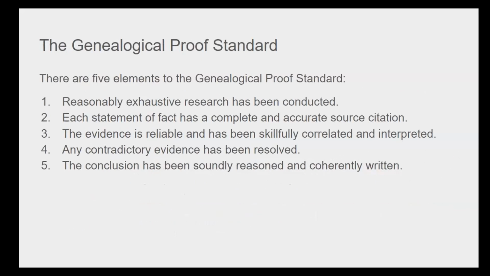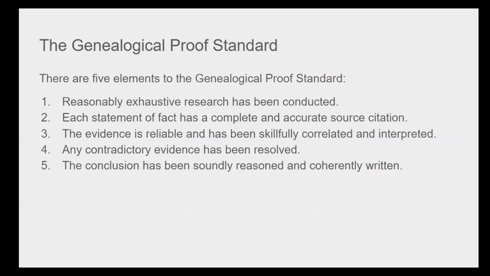Before we get to documentation, I just wanted to touch on the genealogical proof standard. Genealogy research involves locating records to prove birthplaces and dates, marriages, burials, cause of death, and lots more. But it doesn't mean much if you don't have the credible sources and the records to back up your findings.